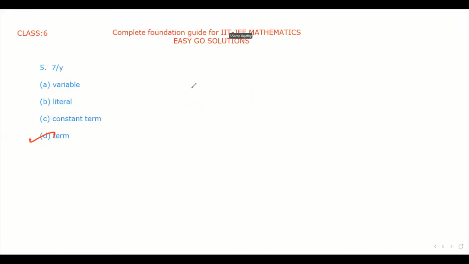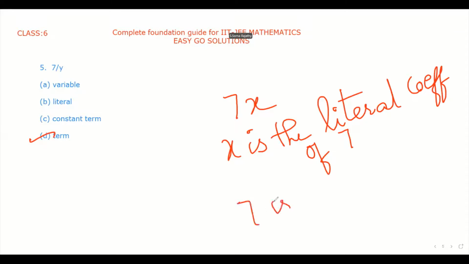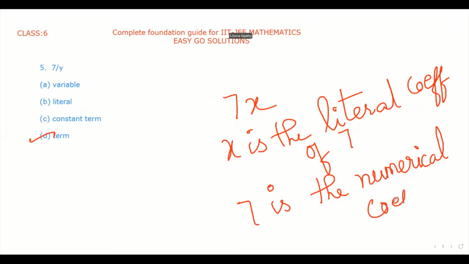Literal means, for example, if you have 7x, here x is the literal coefficient of 7, and 7 is the numerical coefficient of x.